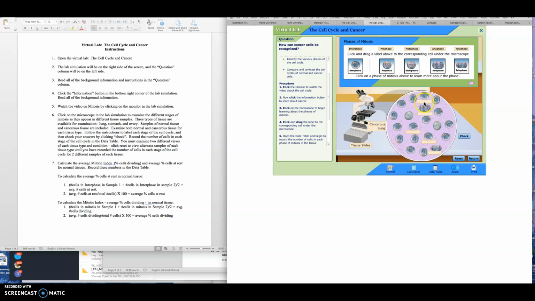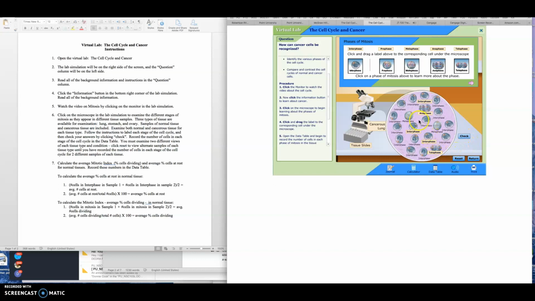Okay, and it looks like this one looks like interphase. That one is like this, so it's anaphase. This one looks like interphase. That one looks like interphase. This one looks like telophase. Okay.